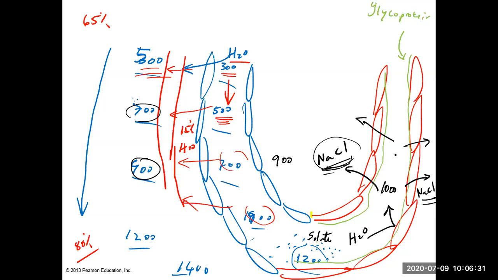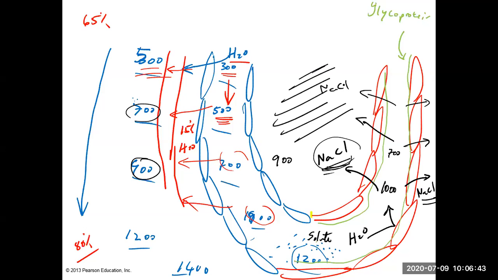Not all of it gets reabsorbed, but again the number goes down to 700, and again more sodium chloride goes out. So as sodium chloride goes out to make a higher solute concentration outside, these numbers are reducing, which sets the stage for the next part, the distal convoluted tubule.